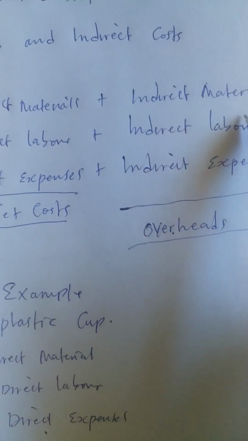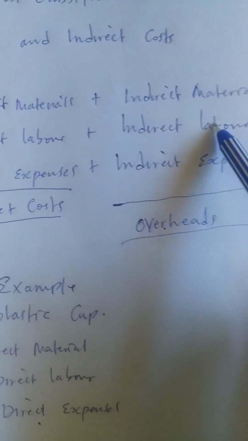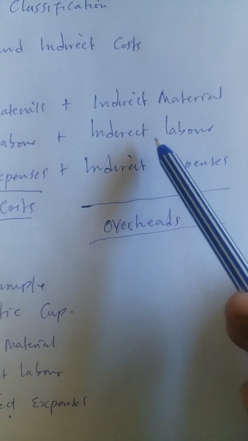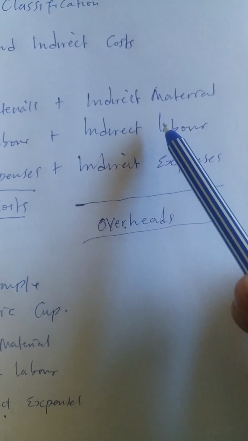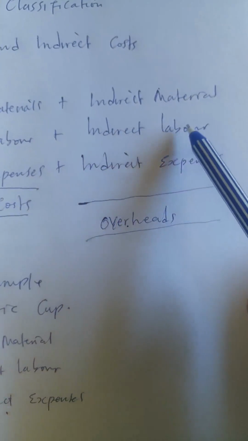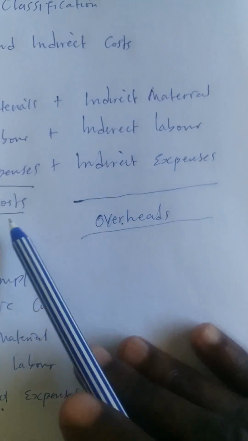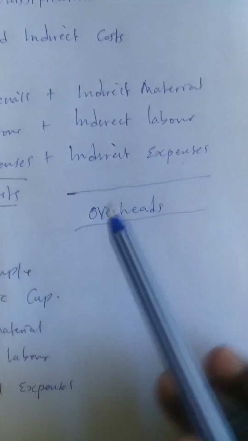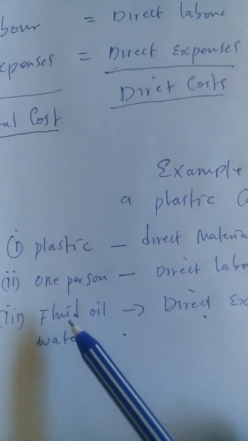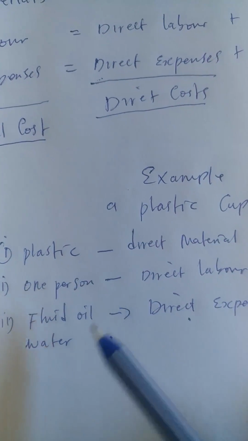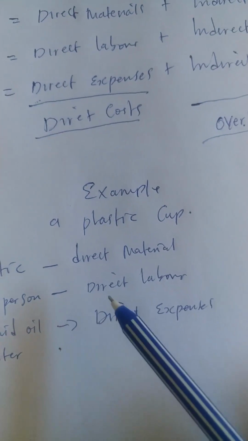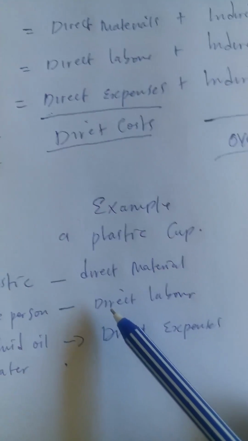The indirect labor can be other people, let's say the supervisors who will just be monitoring your work. Those fall under indirect labor. And indirect expenses, I've explained also, which is the fluid, oil, or water in the case where we want to manufacture a plastic cup.